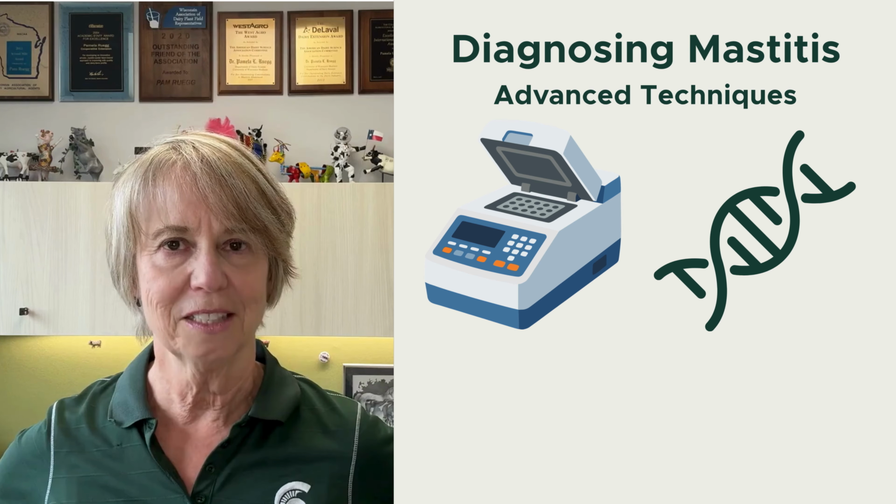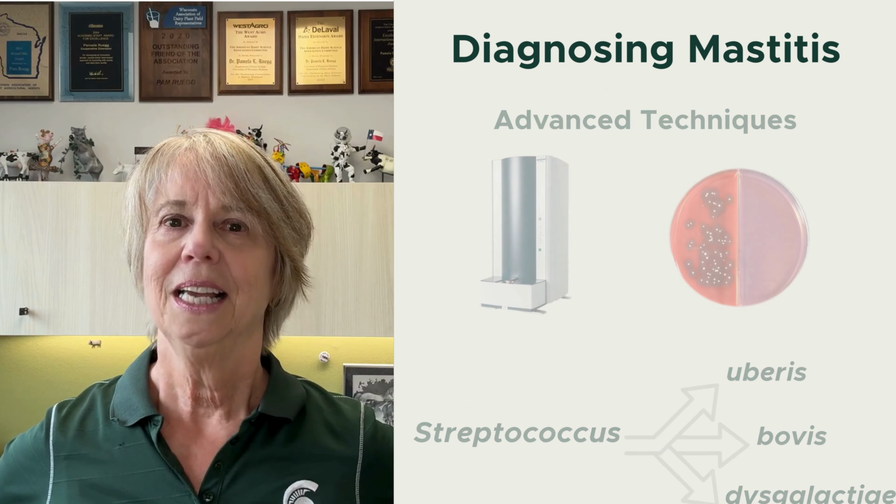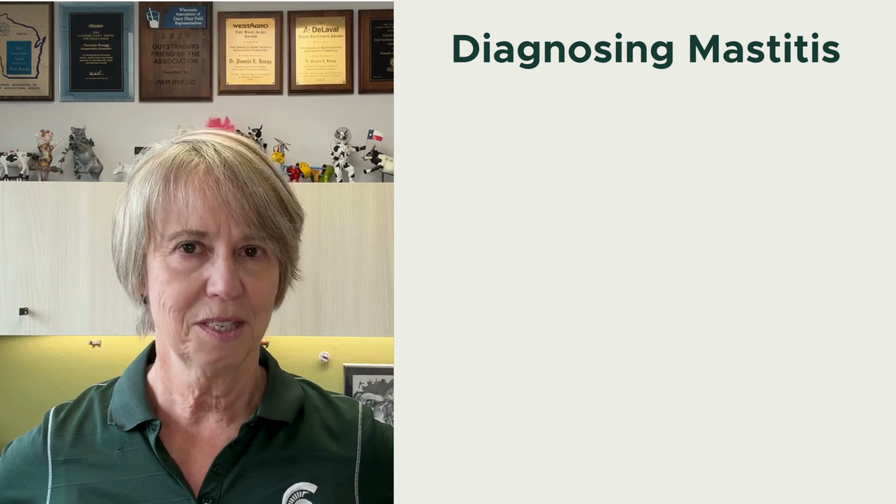In contrast, MALDI-TOF is a completely different technique that's done after cultures result in bacterial growth. This test allows labs to more accurately identify specific bacterial species, especially bacteria that were previously lumped together in groups such as environmental streps.